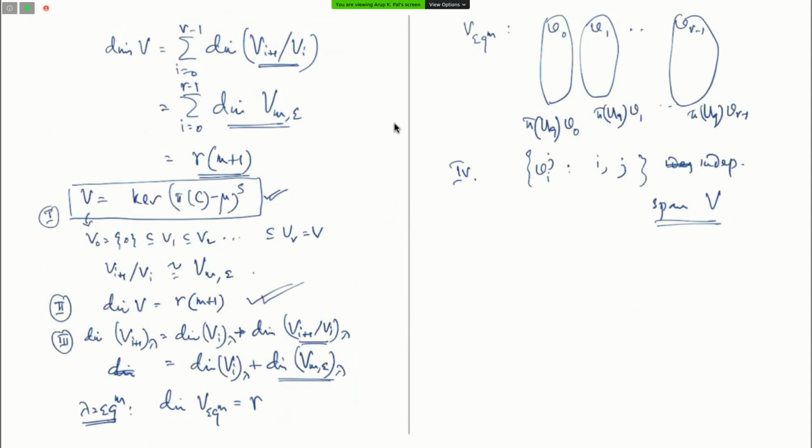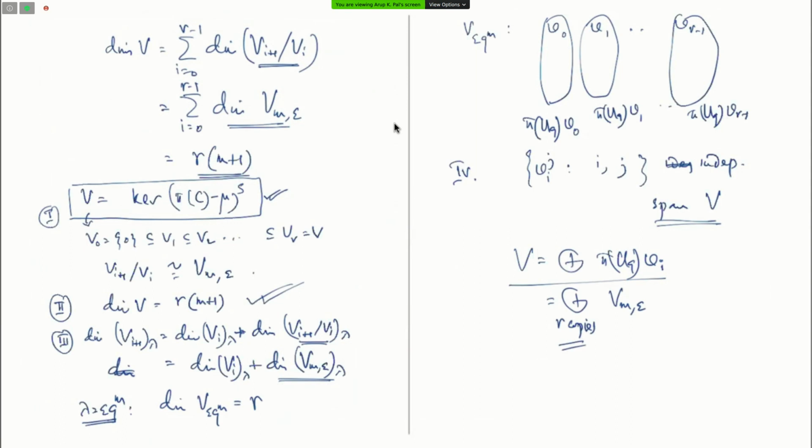So a consequence of that would be that V would be a direct sum of the Vi, and this is exactly the direct sum of several copies of this. So R copies.